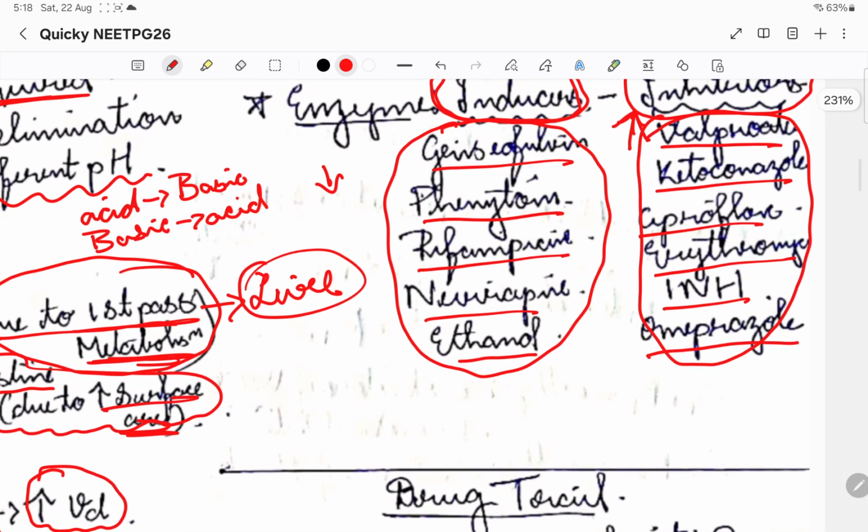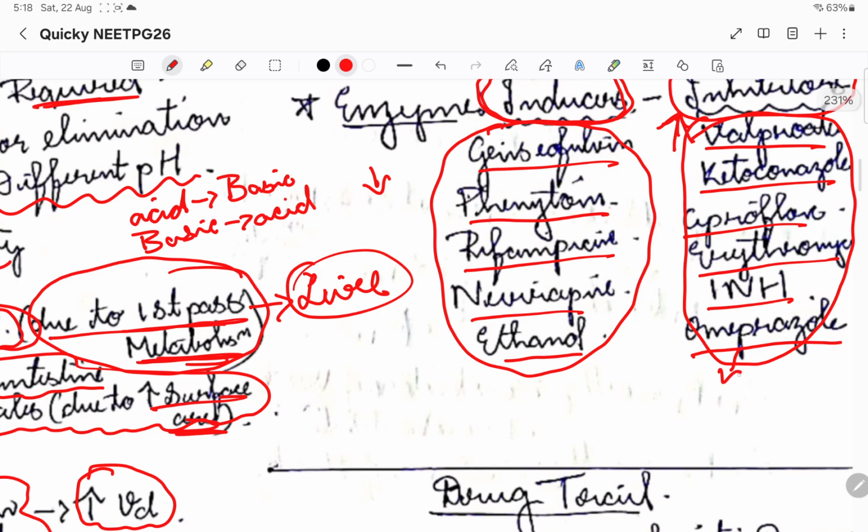For example, let me take omeprazole. Omeprazole will decrease the activity of clopidogrel. So clopidogrel should never be given with omeprazole. This is one of the best examples, clopidogrel. So that is how you should remember.